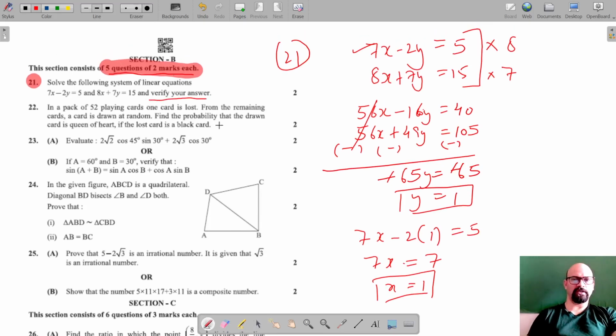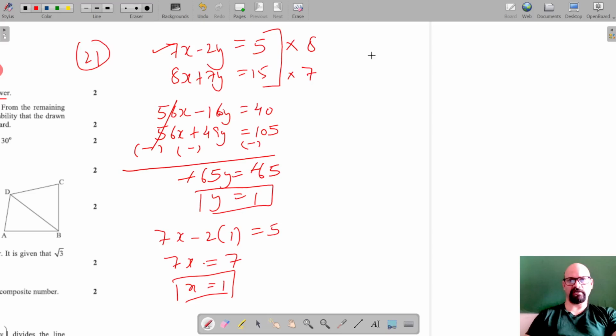And we have to verify our answer. To verify the answer, we can put x and y in the first equation and check if the LHS and RHS are equal. We are doing the verification for x is equal to 1 and y is equal to 1.